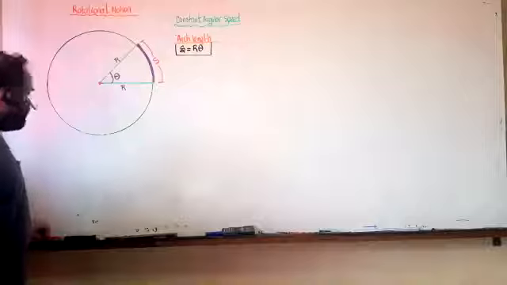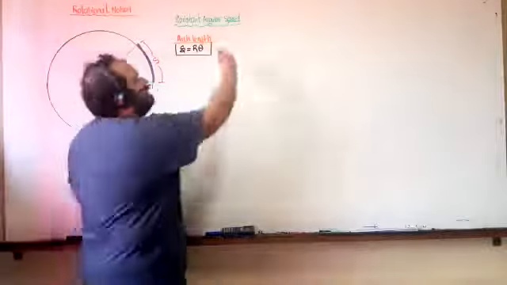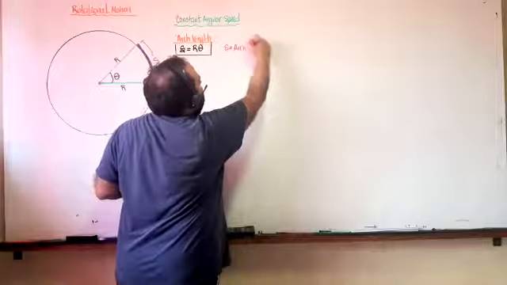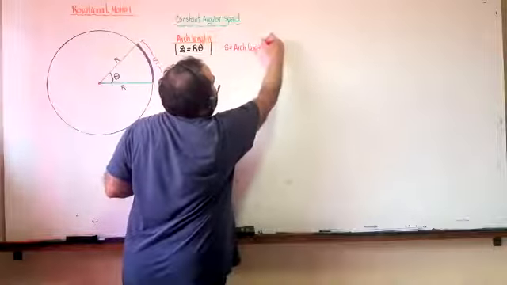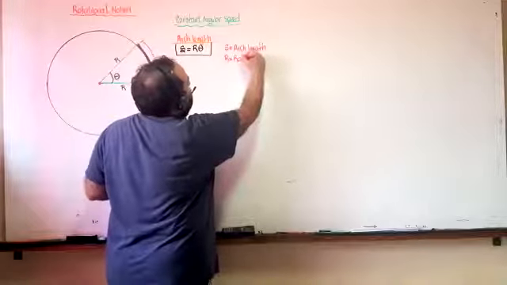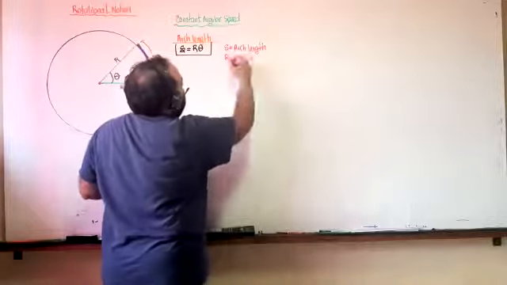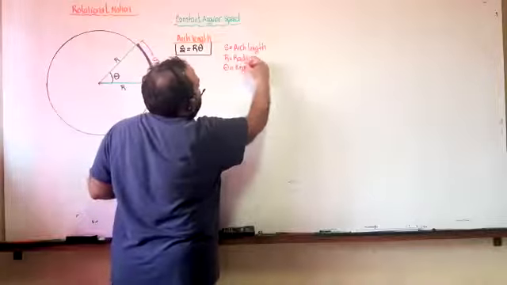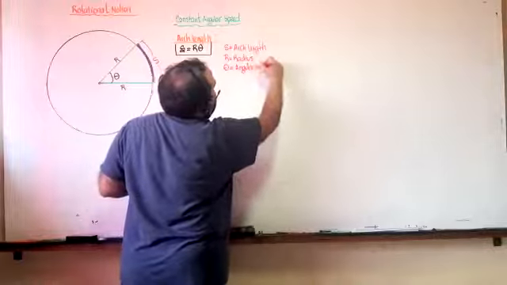So S = r θ, where S represents the arc length, r represents the radius, and theta is the angular displacement.